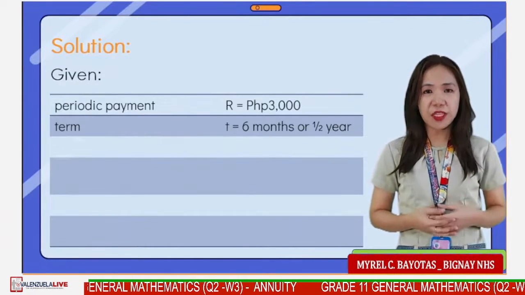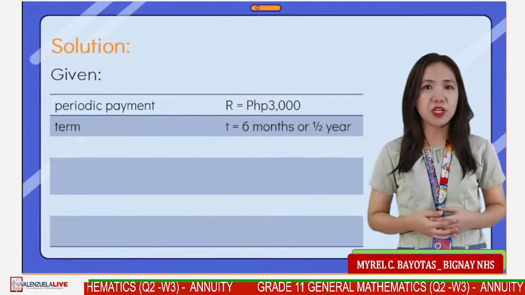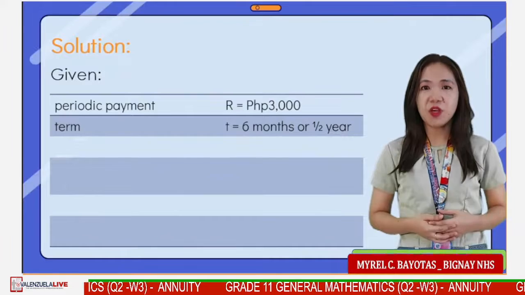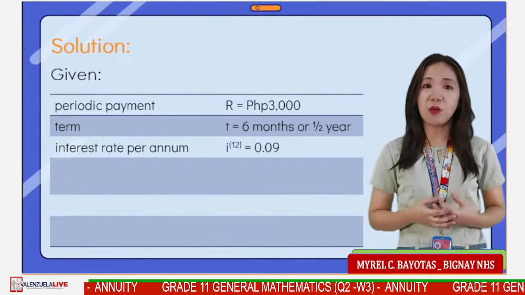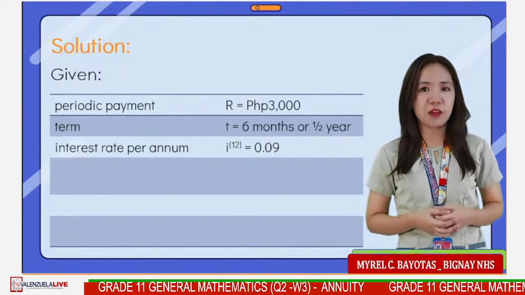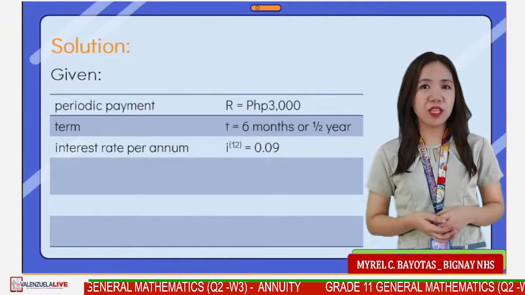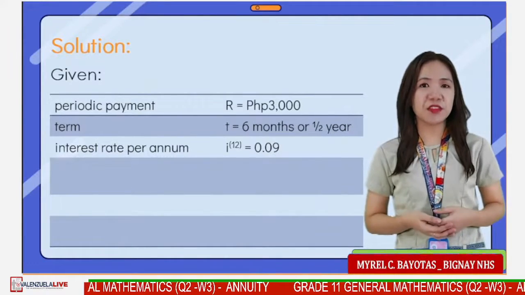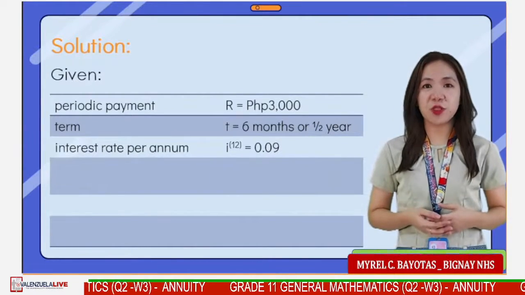Since the given rate is 9%, the interest rate per annum, or per year, is 0.09. We converted 9% to decimal by simply dividing it by 100 or by moving the decimal point 2 places to the left. And since the fund will be compounded monthly, the number of conversions per year is M equals 12. That is because there are 12 months in a year.